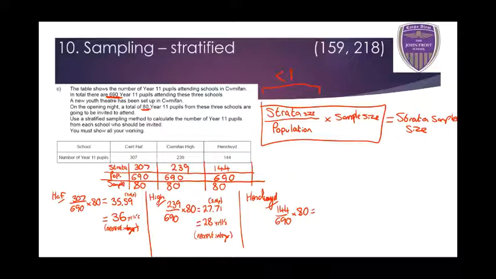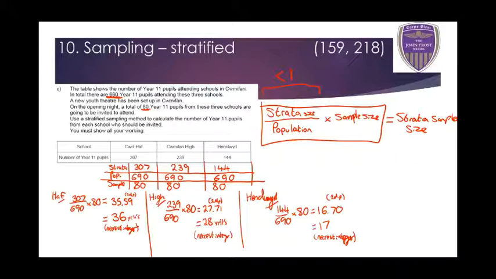So 144 divided by 690 times 80 gives us 16.70 to 2 decimal places. But we can't have it like that. We round to the nearest whole number, so we have 17, the nearest integer. Okay, so these are our numbers.